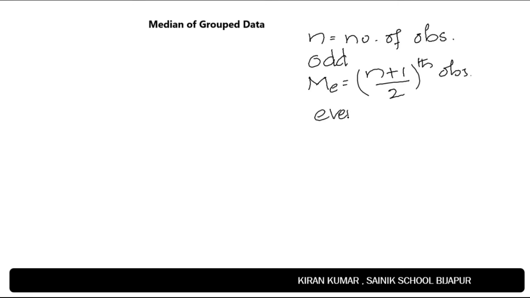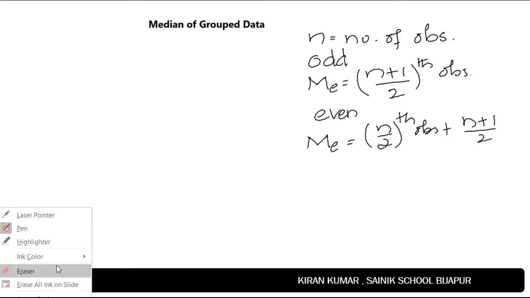If it is an even number, then the median will be the mean of the n by 2th observation and the (n by 2 plus 1)th observation. I made a mistake here.